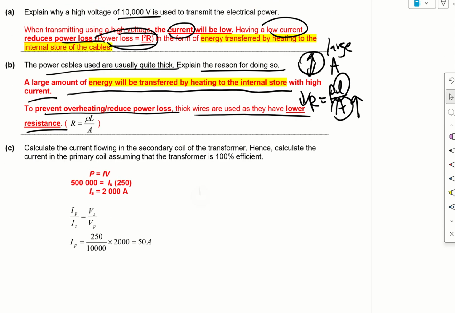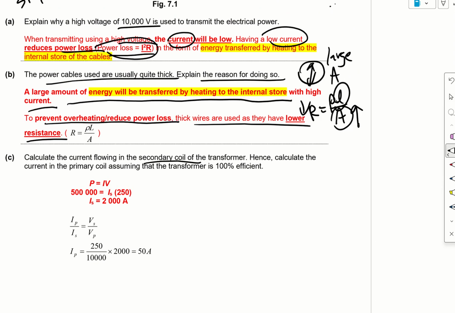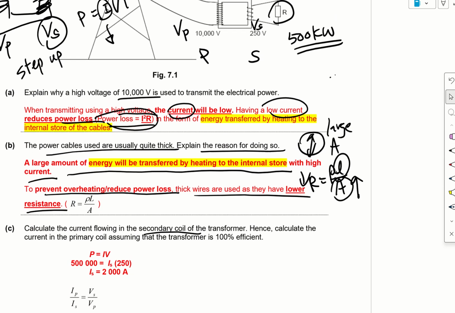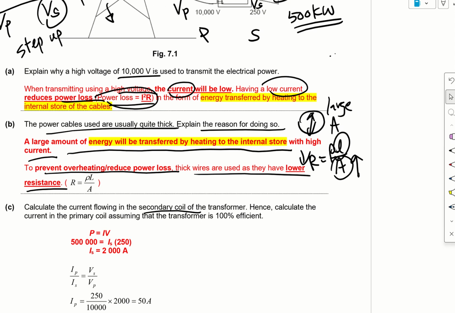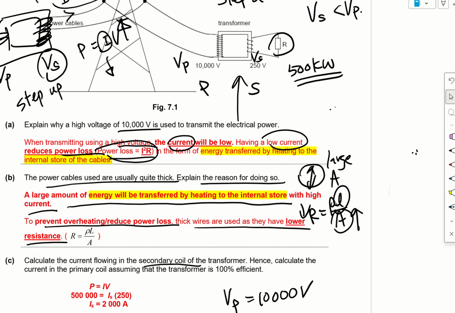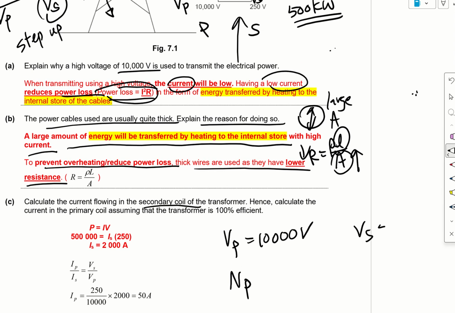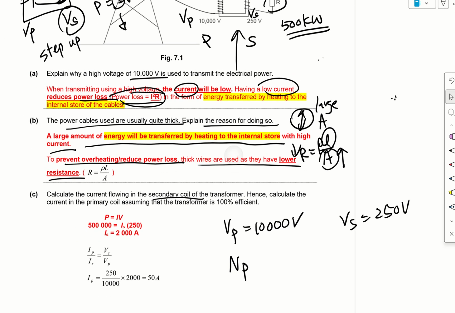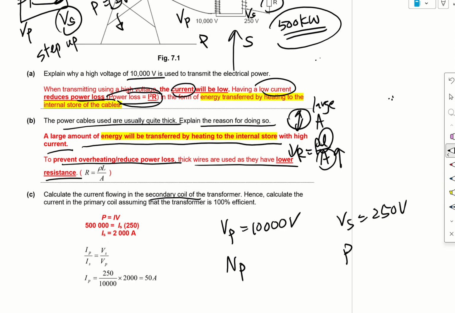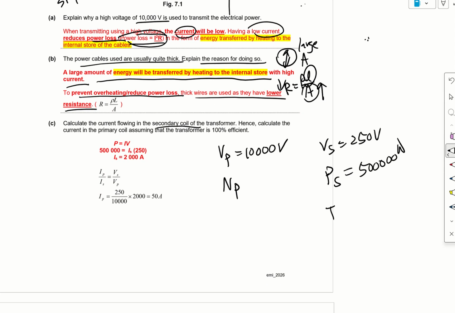Now calculate the current flowing in the secondary coil of the transformer. So far what do we have? If we are focusing on this side of the circuit, VP equals 10,000 volts. We don't have NP. We have VS to be 250 volts, and I can take this power PS to be 500,000 watts. With this I can find my IS.